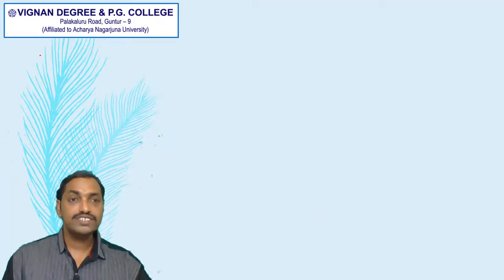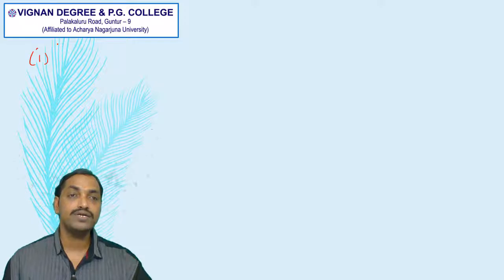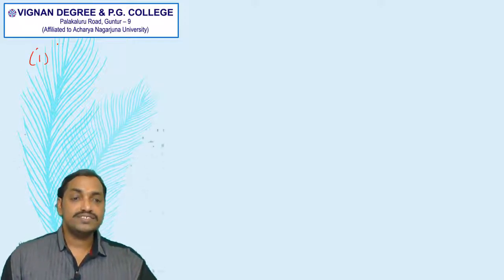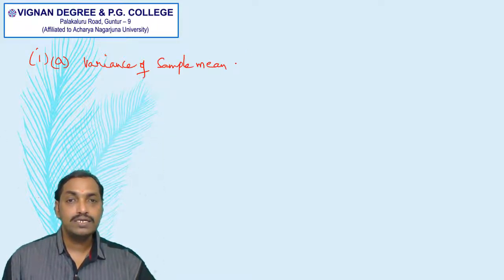Next, in the first bit, we need to derive the sampling variance under three cases. First, we need to find the variance of the sample mean in simple random sampling without replacement.